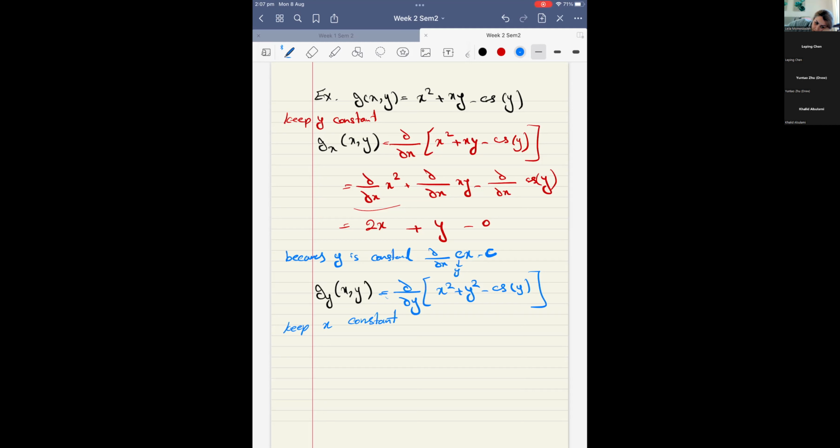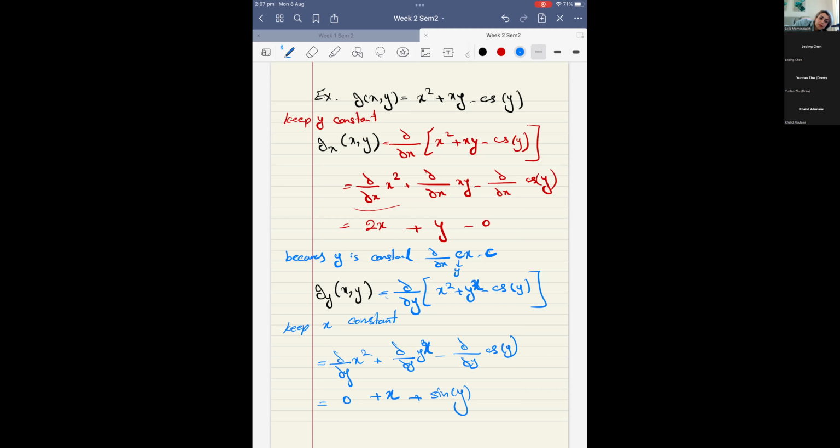It means partial y of x squared, plus partial y of y squared, minus partial y of cosine y. This is 0 since x is constant, plus, sorry, here is xy, plus x plus sine y. It is very easy, just need more concentration, yes?